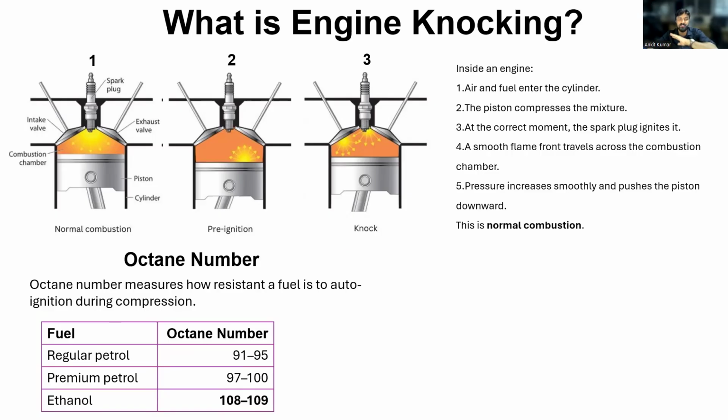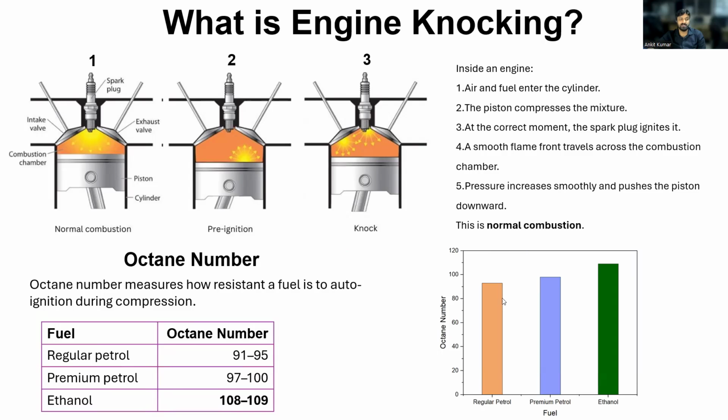So ethanol has extraordinary anti-knocking characteristics, and this is one of the best properties that can make it a good fuel. This plot shows the octane number on the y-axis and the various fuels on the x-axis, a graphical representation of the octane numbers of all these fuels. I hope engine knocking is very clear to all of you now.